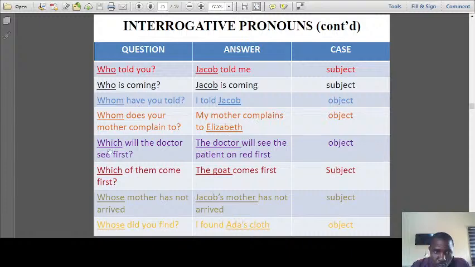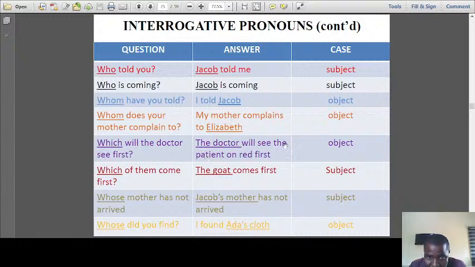Which would the doctor see first? The doctor will see the patients in red first. So the doctor here is what? Is subject. There is an error here. Is subject, not object. Which would the doctor see first? It is the patients in red.